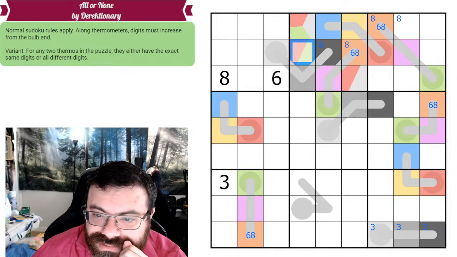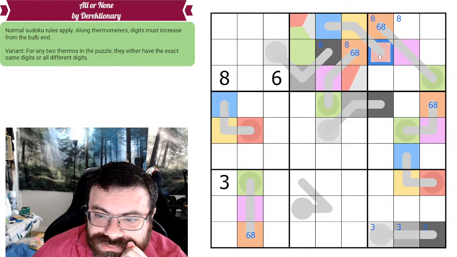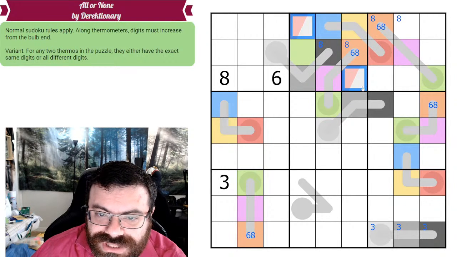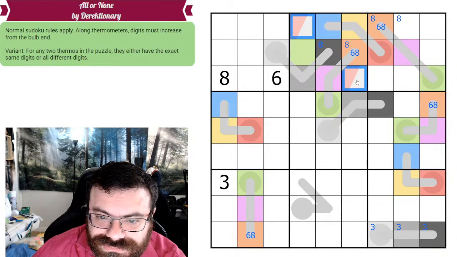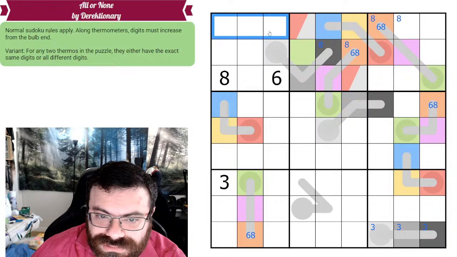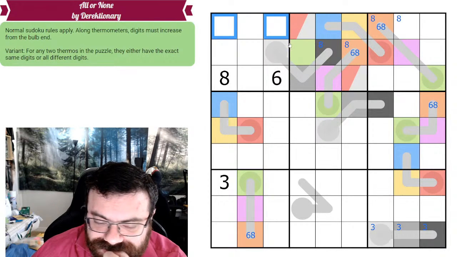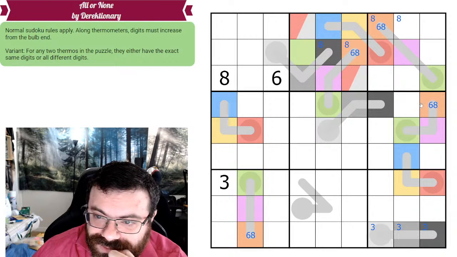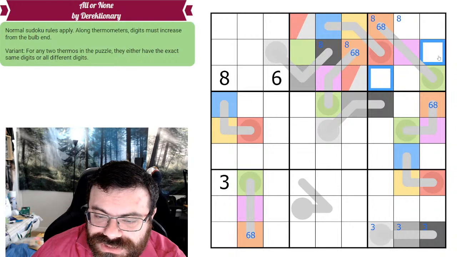Oh, this can't be red. Let's use this red. So this is green. And this is a red-gray pair. It's green's one of these two. Blue is one of these two.